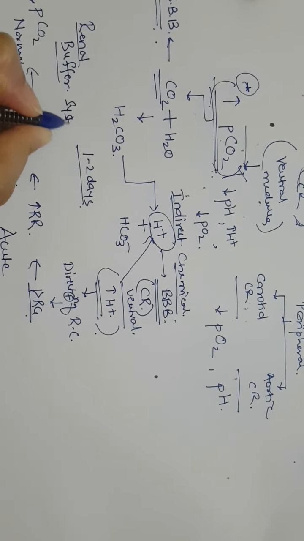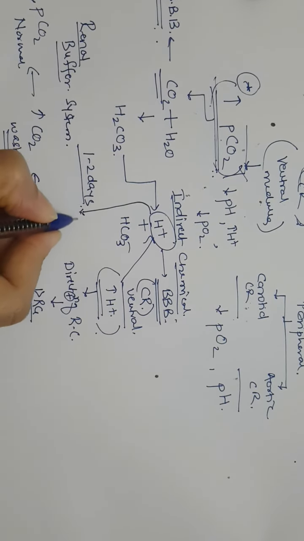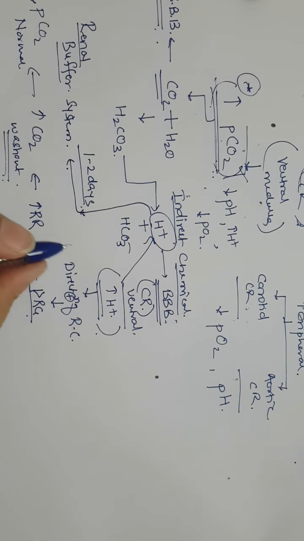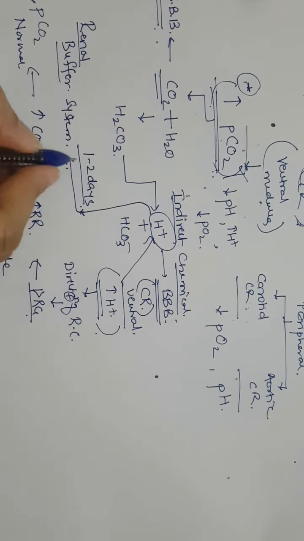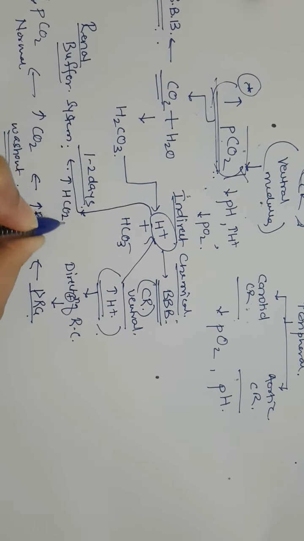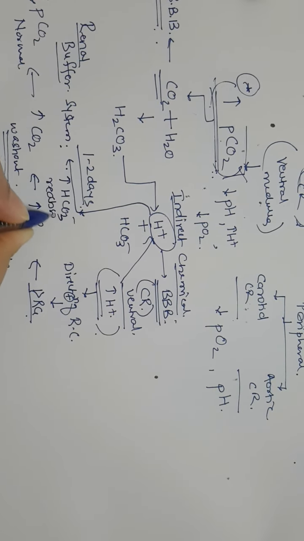The renal buffer system will take over, and this hydrogen ion, which is released by increased PCO2, will be handled by renal increased bicarbonate reabsorption. Okay.